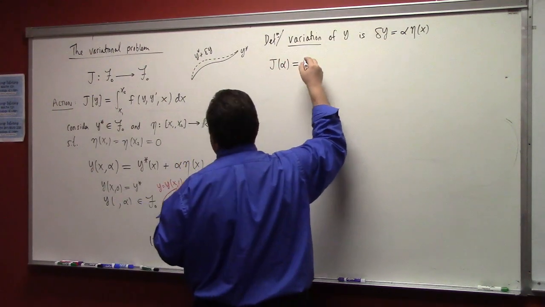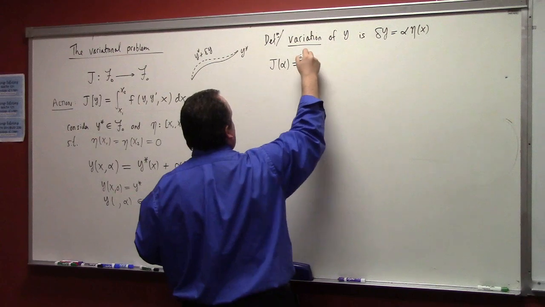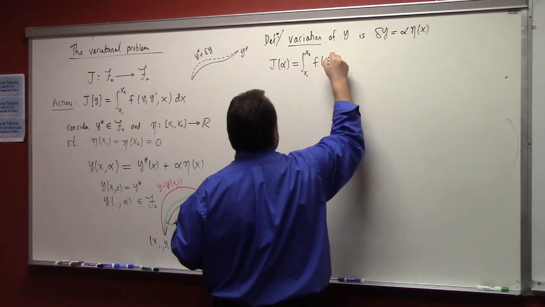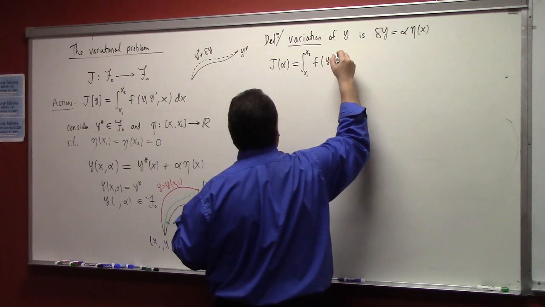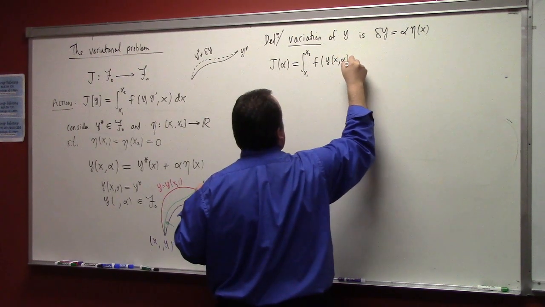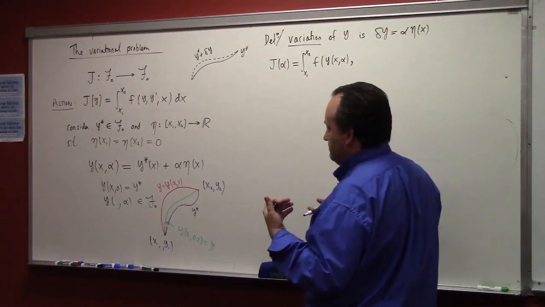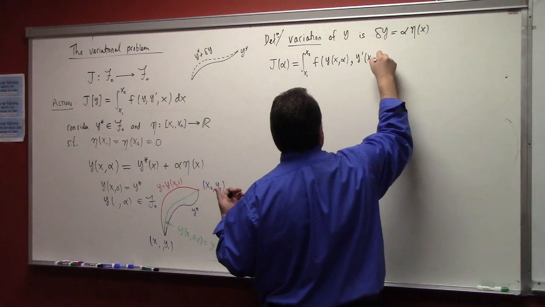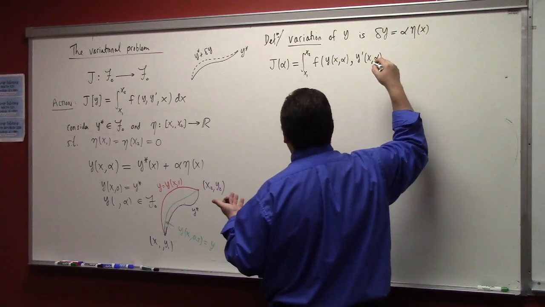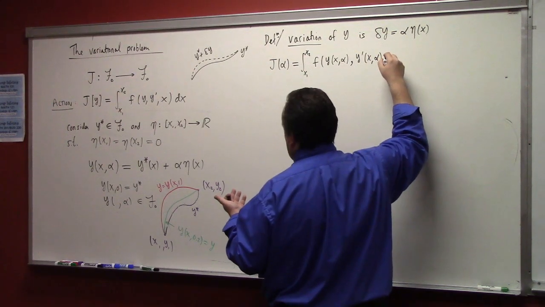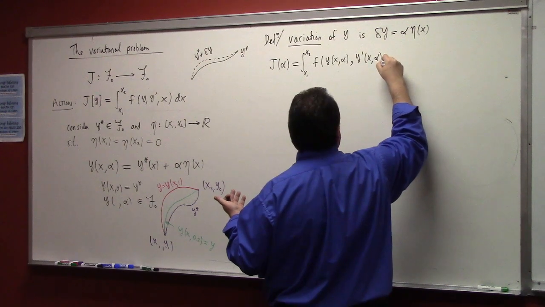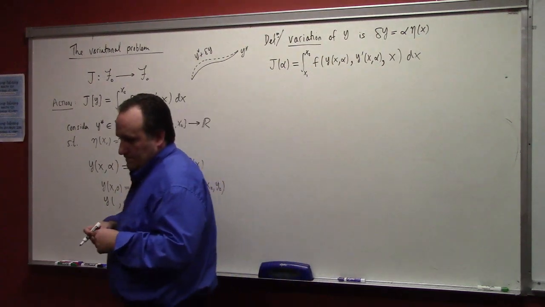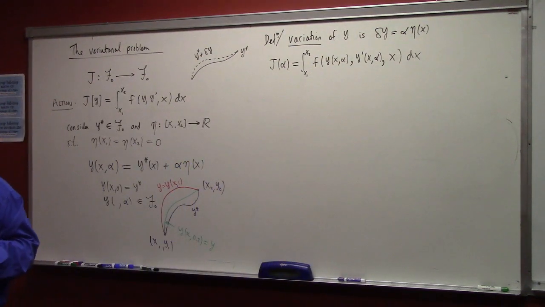Well, J of alpha would be the integral from x1 to x2 of f of y of x comma alpha, comma y prime of x comma alpha, comma x. The differentiation is taken with respect to x there. All right.